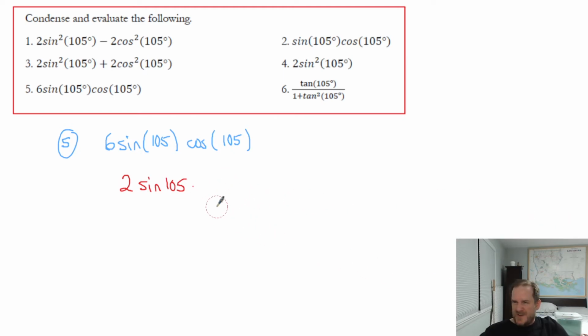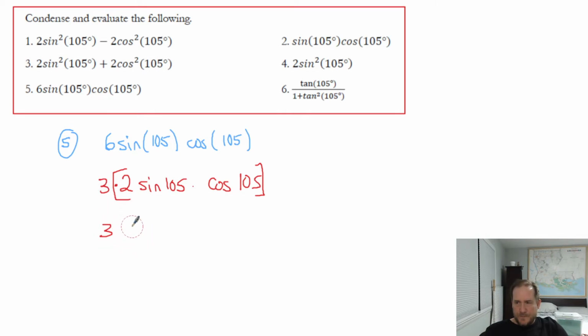If there was a 2 there instead of a 6, then I could apply the double angle sine identity, and then it hits me. 6 is 3 times 2. So I can rewrite 6 as 3 times 2, and then I can use the factor of 2 to form my identity, keep my factor of 3 as a coefficient.